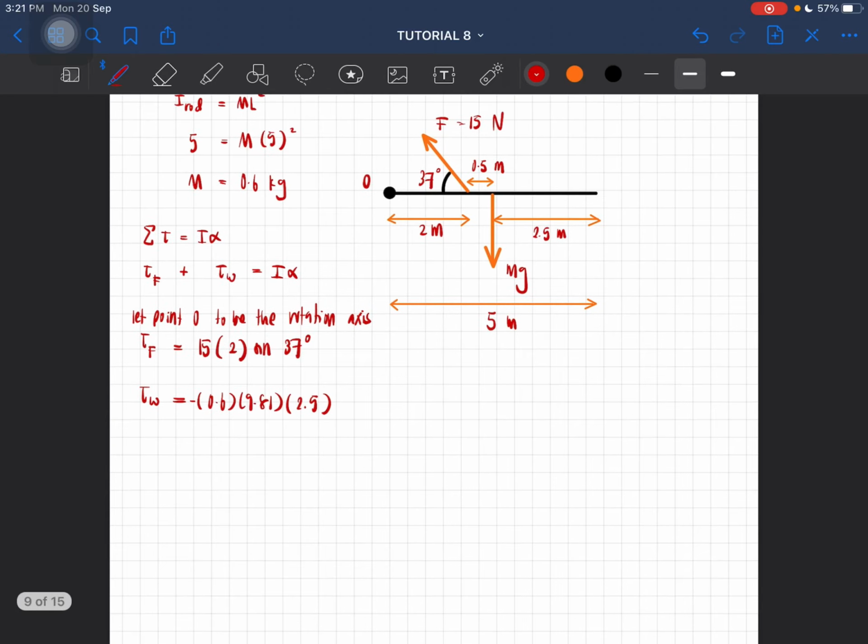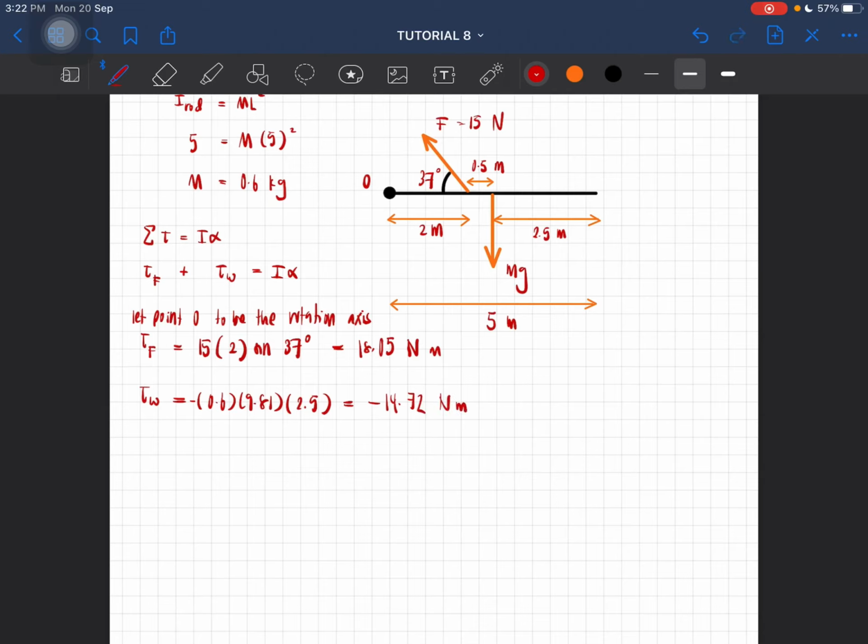Let's calculate first. 15 times 2 times sine 37 degree gives around 18.05 Newton meter. The other one is negative 0.6 times 9.81 times 2.5, which is around negative 14.72 Newton meter.